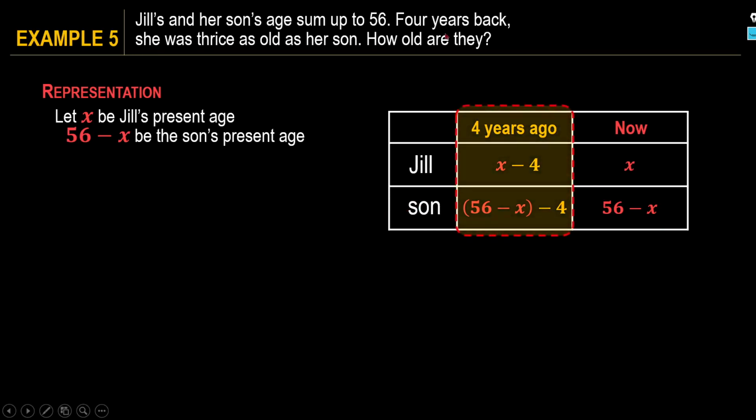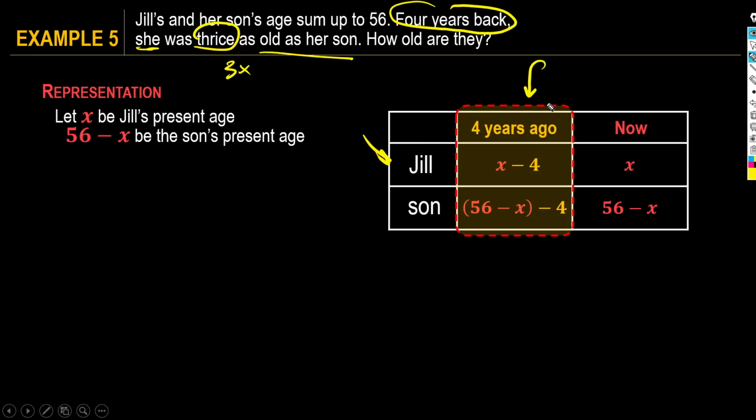And then, sabi sa problem, 4 years back, she, referring to Jill, was thrice, di ba 3 times yan, as old as her son. So, in this time period rather, yung age ni Jill ay makukuha mo if you titriplihin mo yung age ni son.